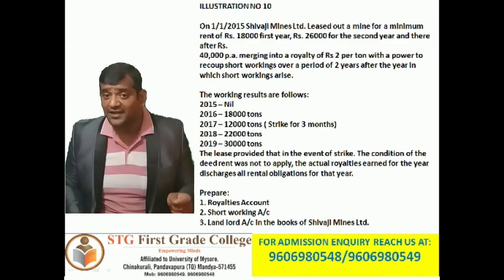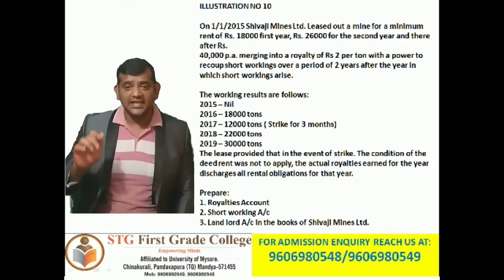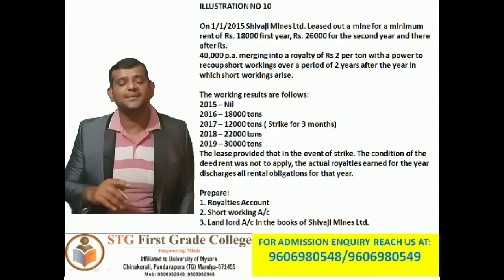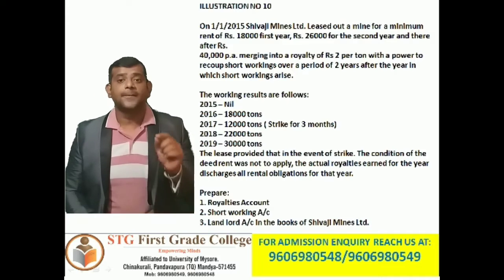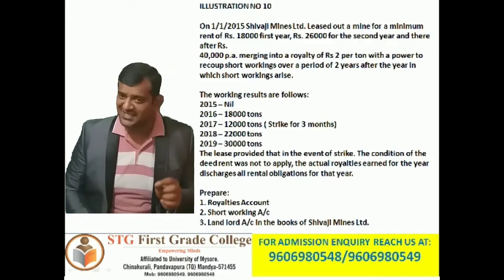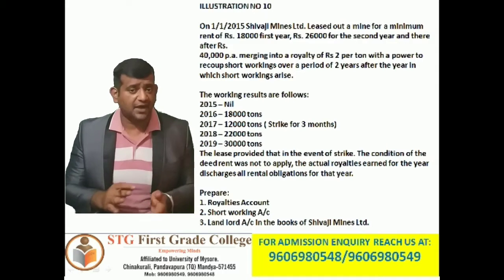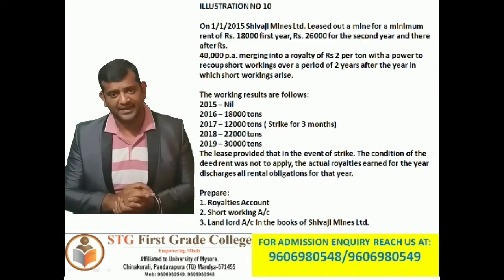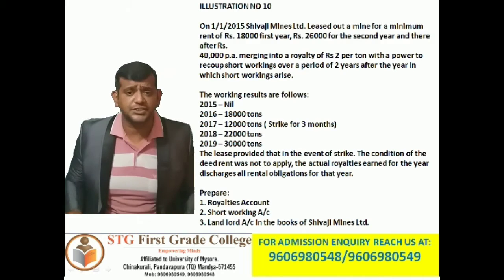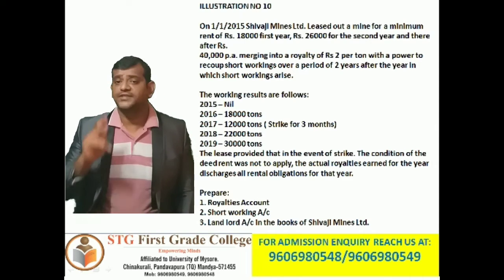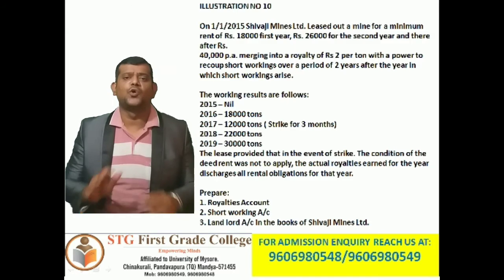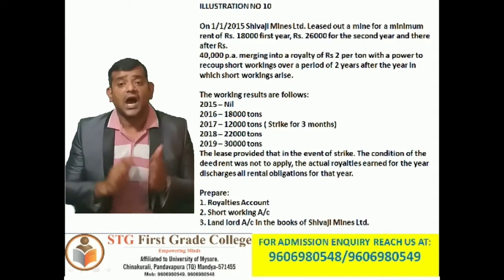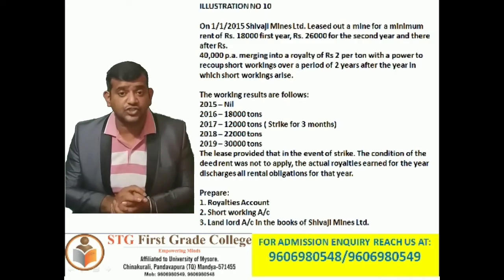1/1/2015, Shivaji Mines Limited leased out a mine for a minimum rent of rupees 18,000 for the first year, rupees 26,000 for the second year, and thereafter rupees 40,000 per annum, merging into a royalty of rupees 2 per ton, with the power to recoup short workings over a period of 2 years after the year in which short workings arise.